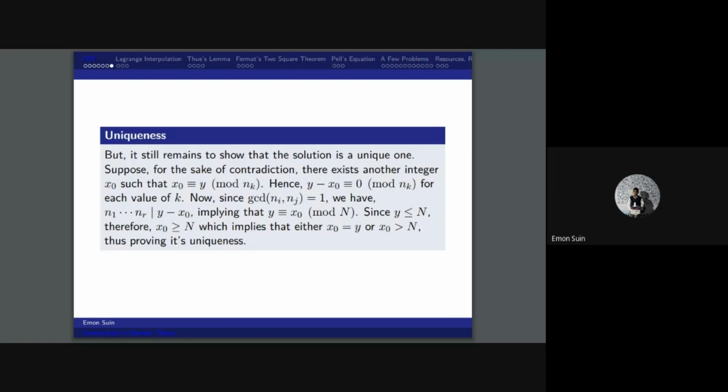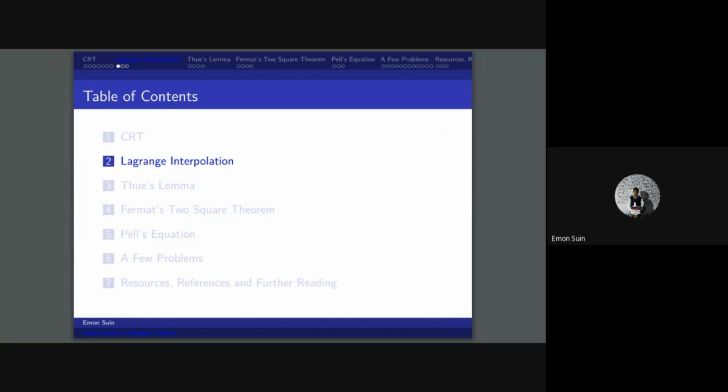Okay. So next we move on to Lagrange interpolation. Now, the Lagrange interpolation is not that useful as such for INMO standards. But if we focus on IMO standards, then sometimes you have to use the Lagrange interpolation. But its proof is not at all important.